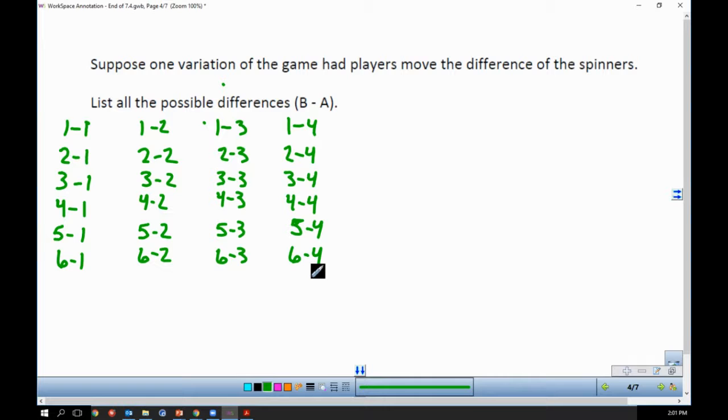Okay. I'm going to change colors and write down all my differences like I did on the last one, kind of in the middle.